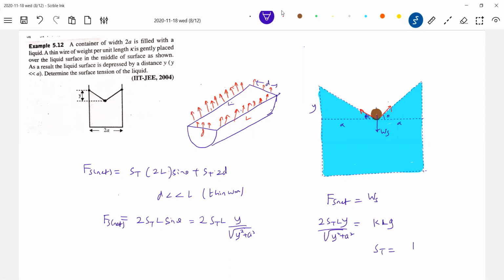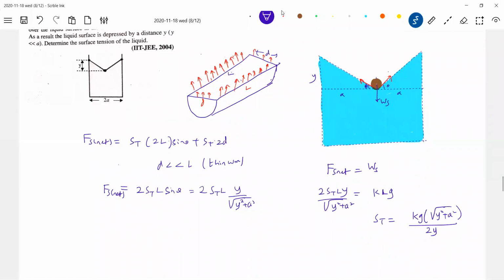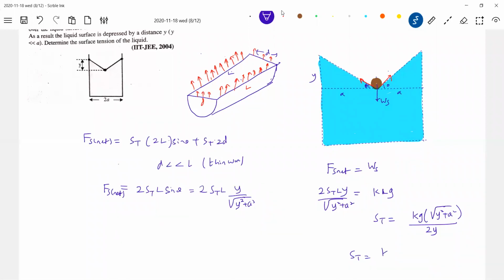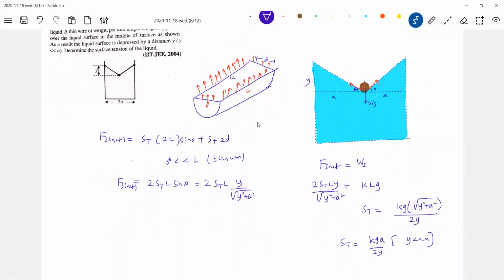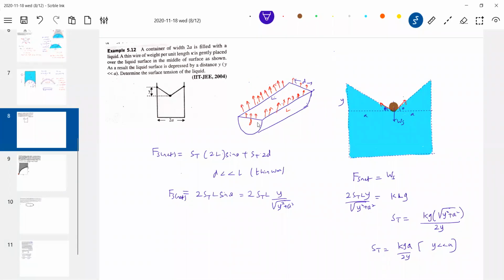That will be Kg. Further, y is very much less than a. So as y is very much less than a, this everything will become Kga by 2y. Fine.